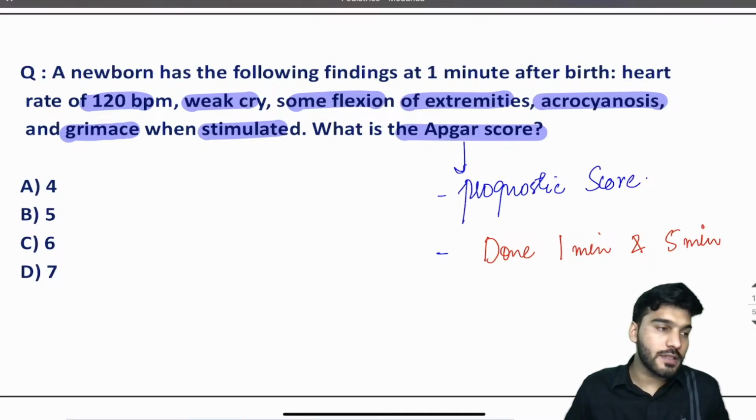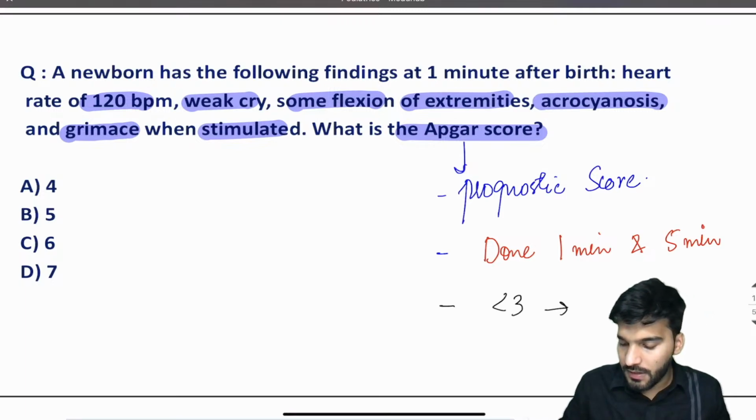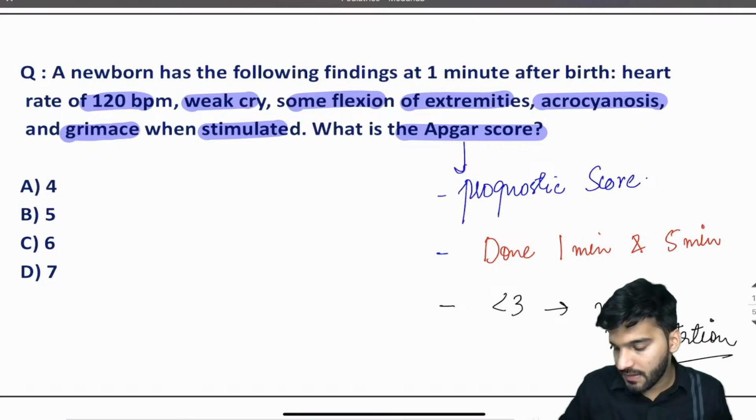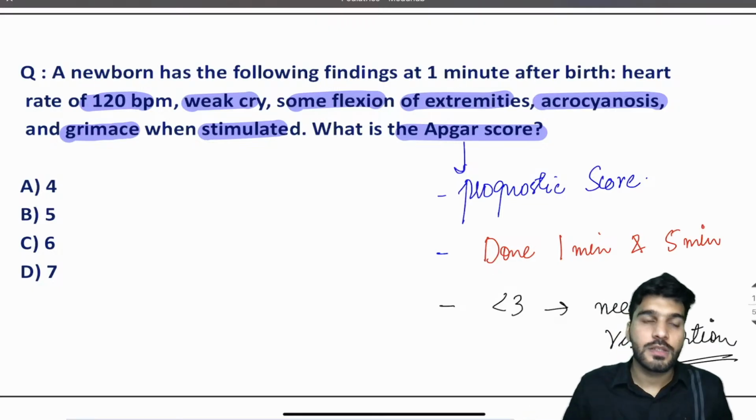If the score is less than 3, the baby needs resuscitation. So let's understand what exactly the Apgar score is first, and then we go.